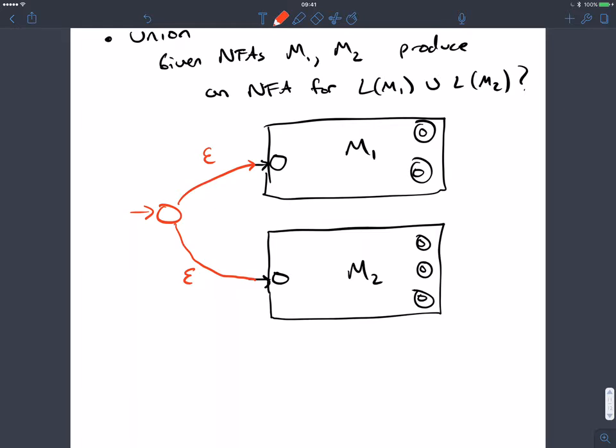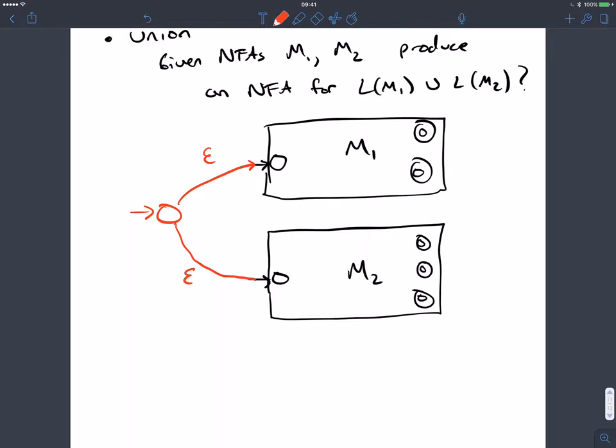Well, let's be sure. Suppose that whatever string I have is in the language of M1. Do I have an accepting computation in this modified machine? Yeah, so what I do is I choose, because the NFA could choose, the top epsilon transition, and then do the original computation in M1, because I know that there is one, because it's in L of M1.